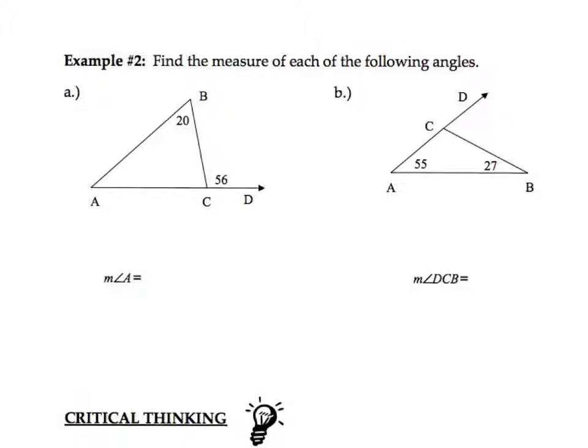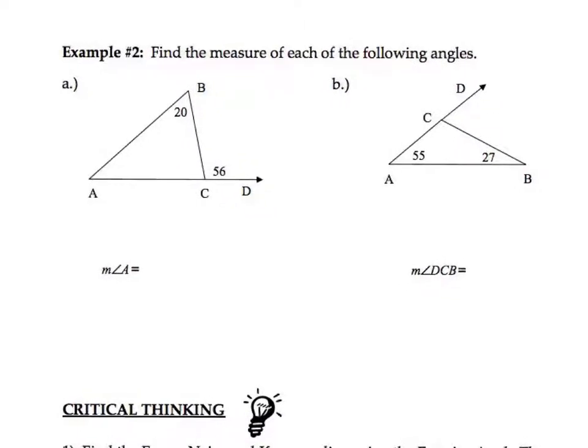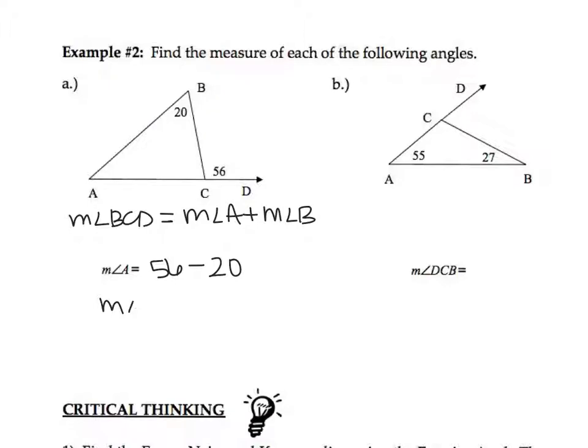Well, angle BCD is our exterior angle, which means that the measure of angle BCD equals the measure of angle A plus the measure of angle B, which means the measure of angle A can be found by taking the measure of angle BCD, which is 56, and subtracting the measure of angle B, which is 20. So the measure of angle A is 36 degrees.